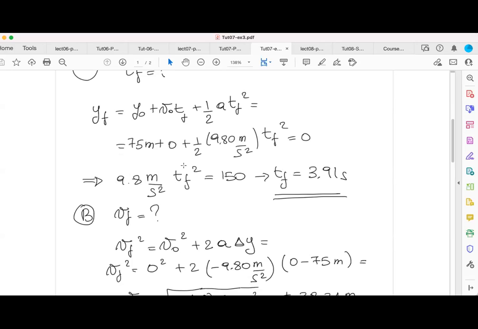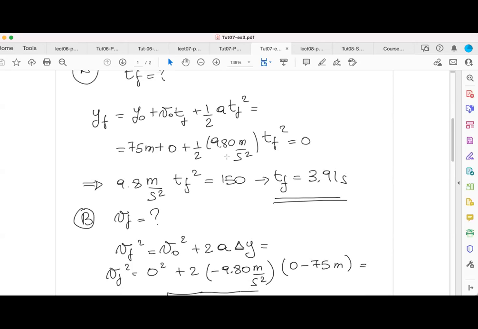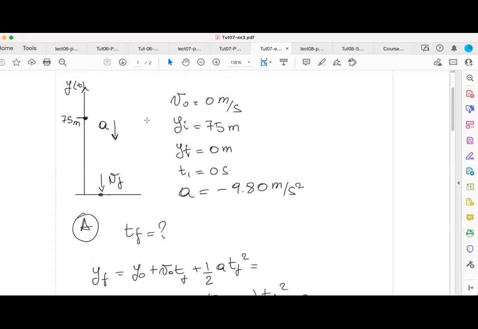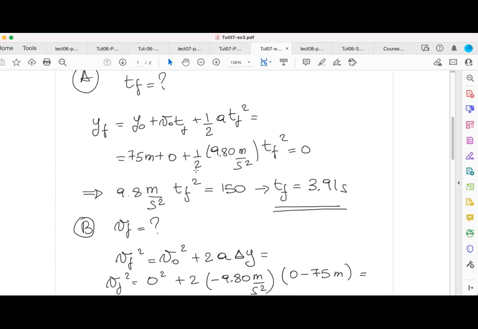Here I forgot to put the minus. You see, there is not the minus. Well, there should be the minus because we say that y is going in this direction and a is going in this direction.